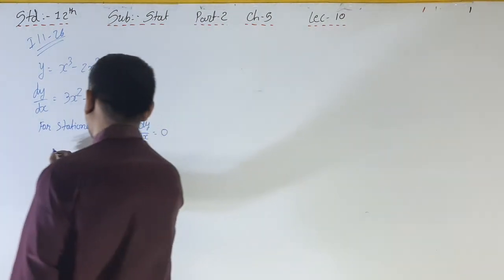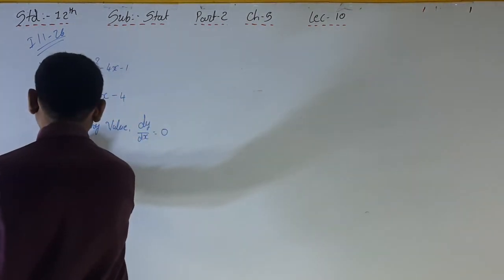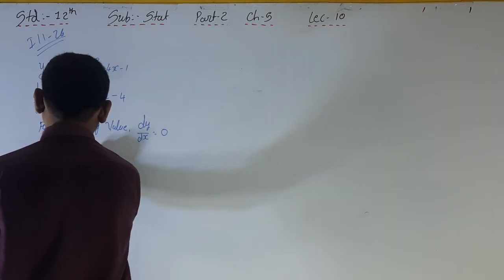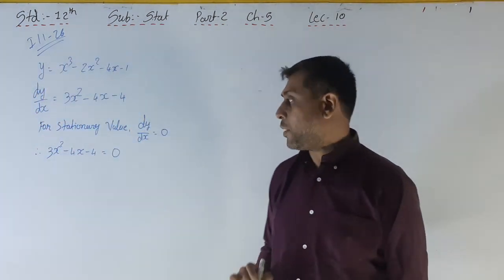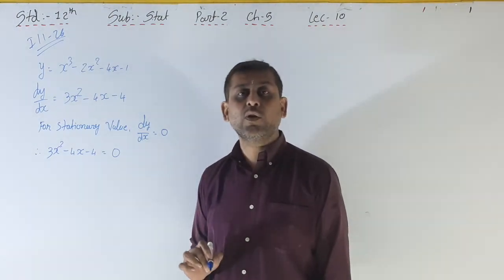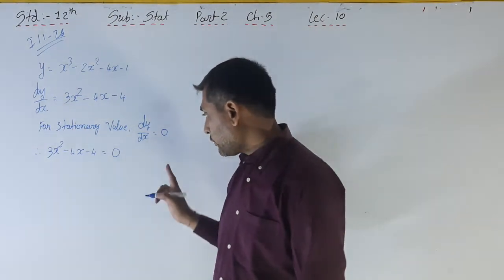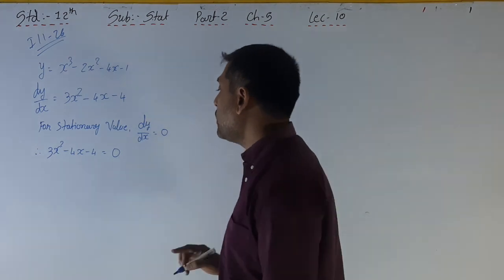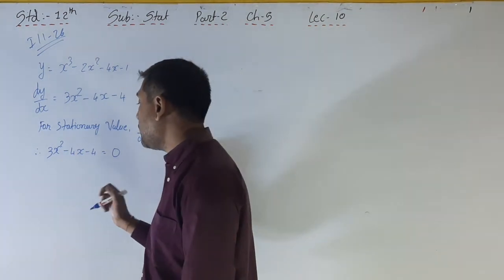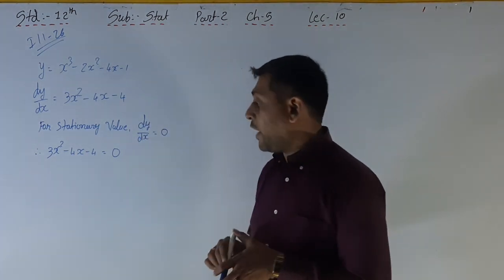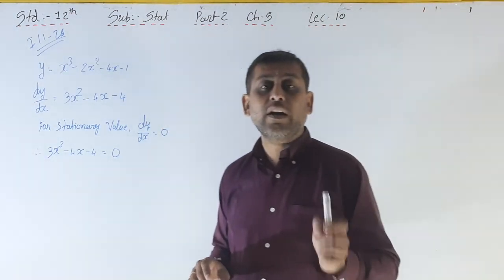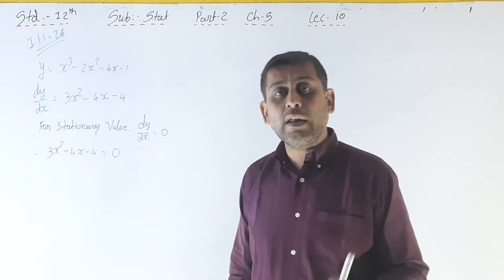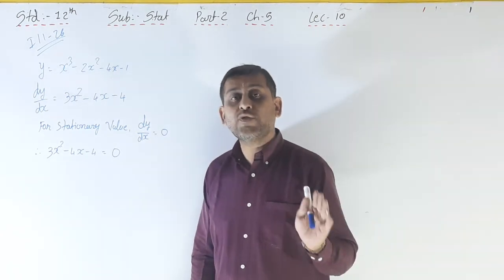So here I am writing out that 3x square minus 4x minus 4 is equal to 0. That is your answer. Now see here, we have to simplify. I told you that here we have to use the factorization which we already did in our limit chapter.